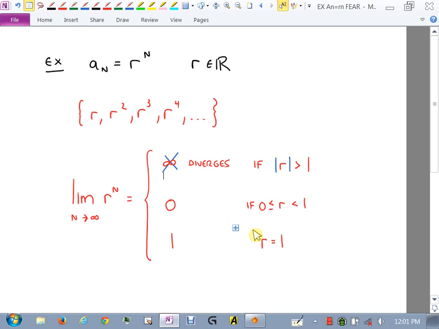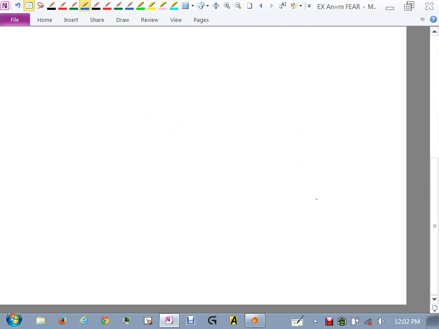If the absolute value of r is less than 1, then this thing should go to 0, shouldn't it? That means if you're on the number line, 0, here's 1, and here's -1, as long as you pick a number somewhere in here, start raising it to powers, that's going to get smaller and smaller.